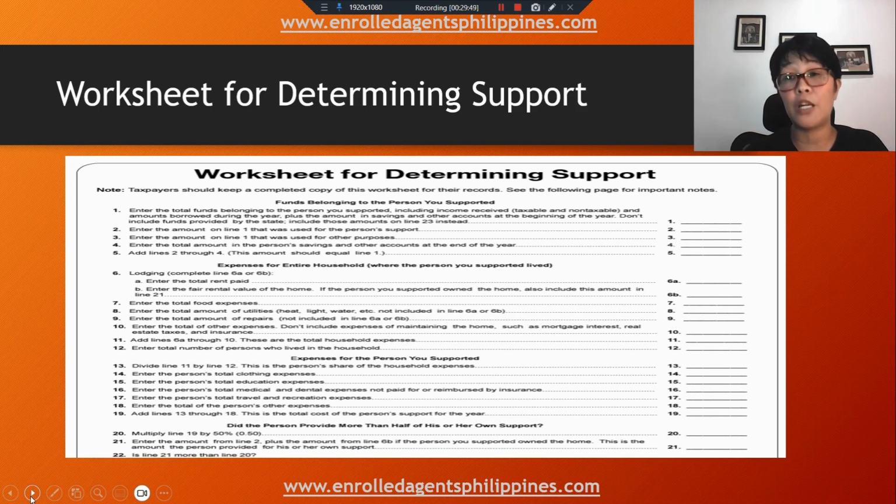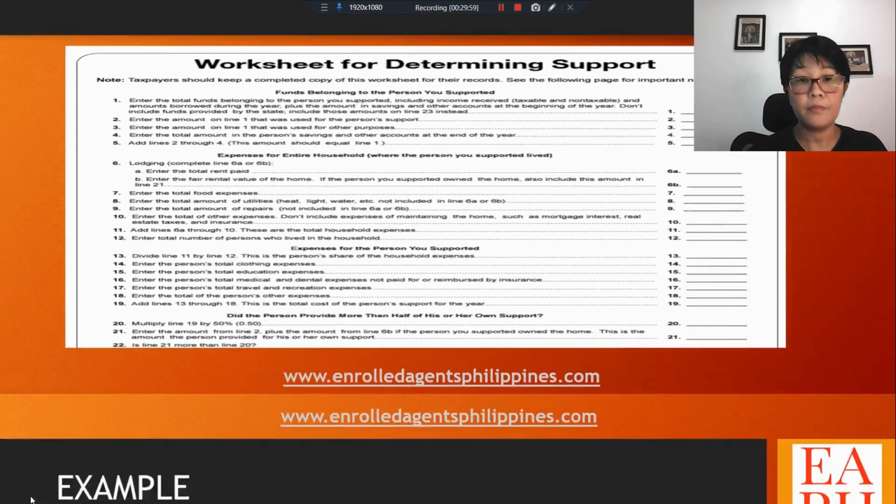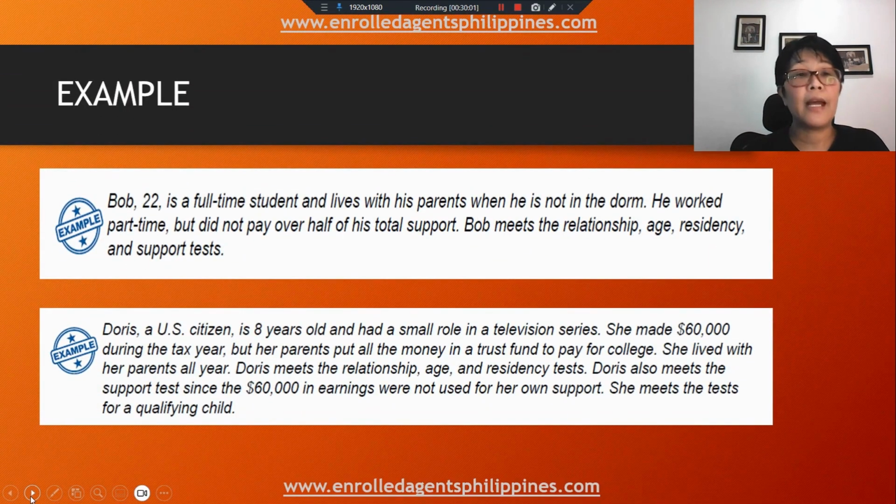Andun din to sa IRS Publication, I think 501. Para makita mo yung mismong buong form na to or buong worksheet, no? Para magamit mo. Okay? Example tayo.